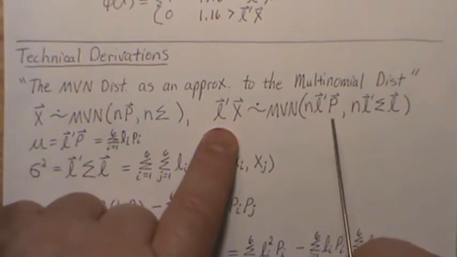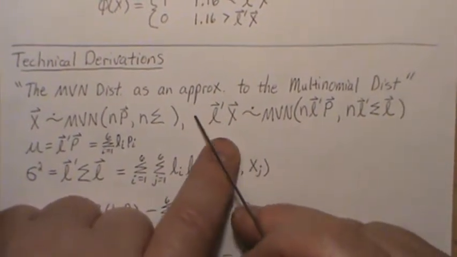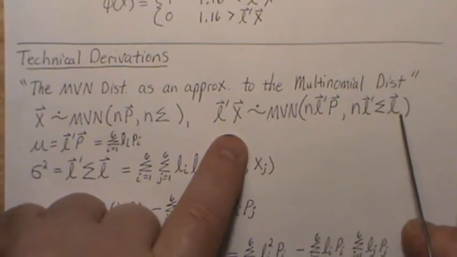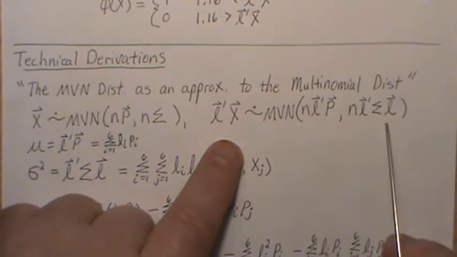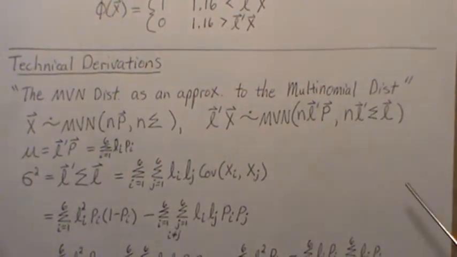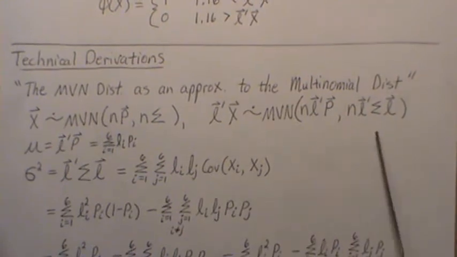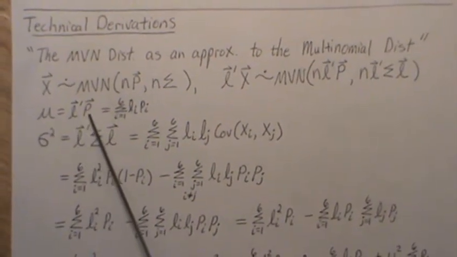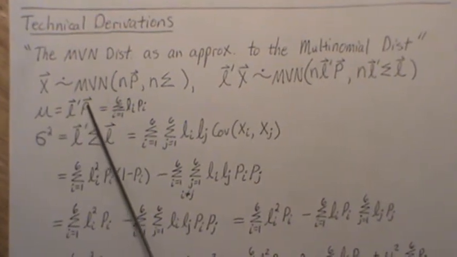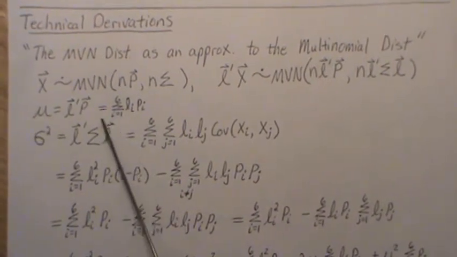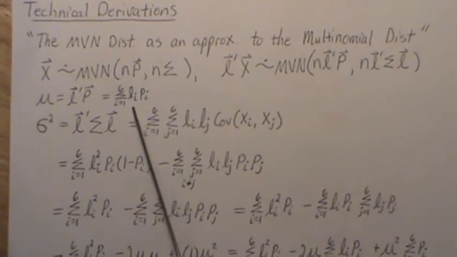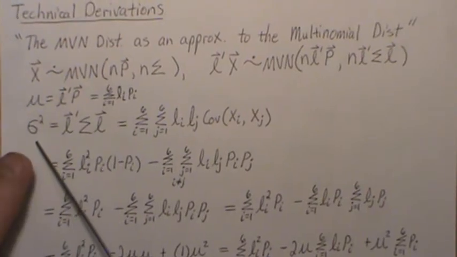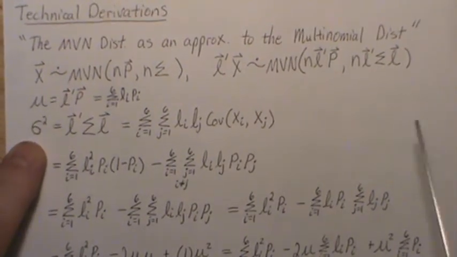And then when you look at the variance covariance, you bring this out front, the variance of that, and then that transposed out back. So this is multivariate normal asymptotically. So the mean is L prime P, where P is the vector of probabilities of the die, which is the sum of Li Pi.